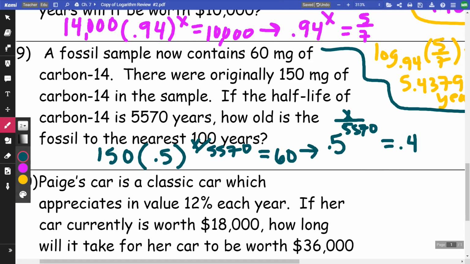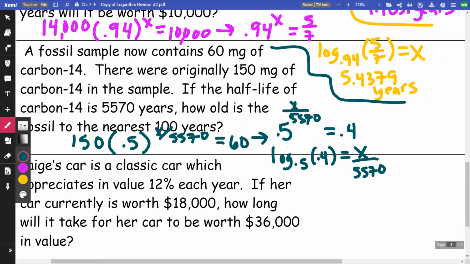Now I can log both sides, or I can rewrite this in logarithmic form. So if I write this in logarithmic form, this is going to be log base 0.5 of 0.4 is equal to x over 5570. To get rid of that 5570, I'm going to multiply both sides by 5570.